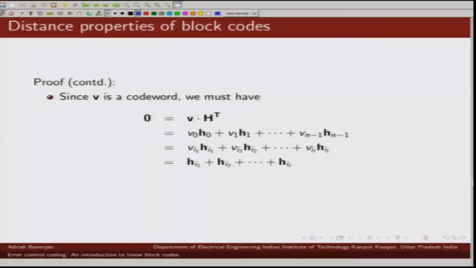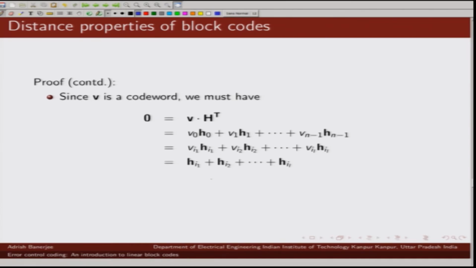Here then, the only terms we are left with are Vi1 Hi1 plus Vi2 Hi2 plus up to ViL HiL. Now, since Vi1, Vi2, Vi3, ViL are 1, we can write this as Hi1 plus Hi2 plus Hi3 up to HiL is going to be 0.